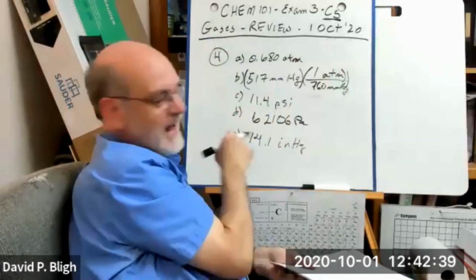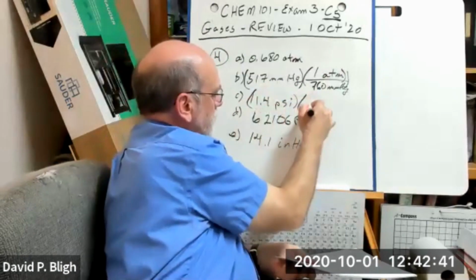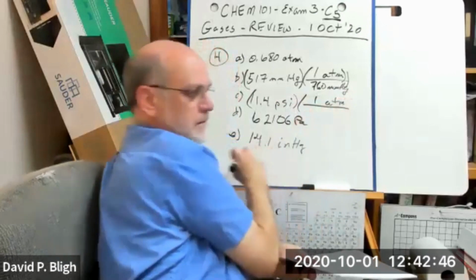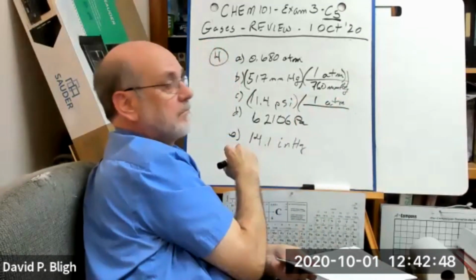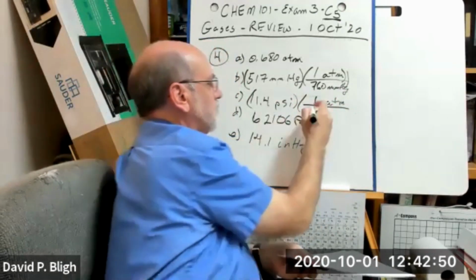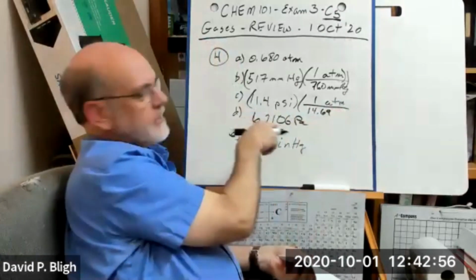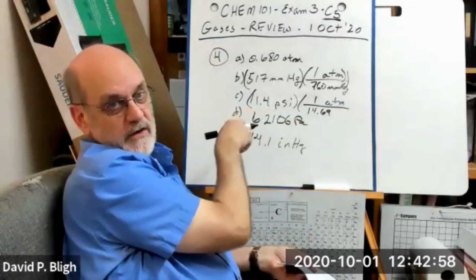How about PSI? 1 atmosphere is 14.7. I think sometimes they say 14.69. 14.7 is good enough because you only have 3 significant figures there anyway.